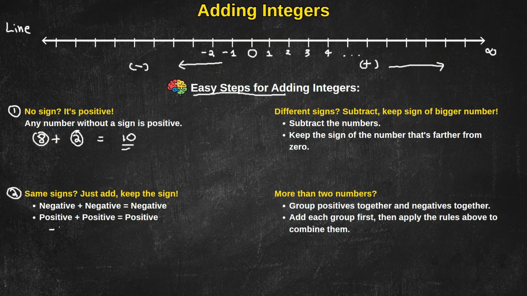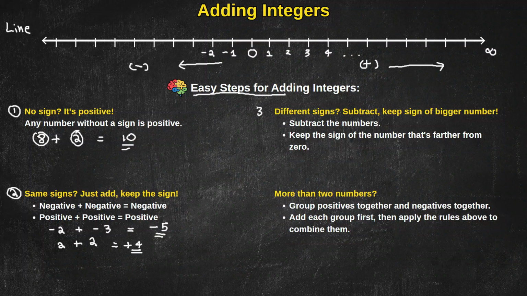So if you're adding a negative number plus another negative number, we keep the sign, which is negative, and we simply add. 3 plus 2 is 5, and we have our answer as negative 5. Here's another example. If you add positive 2 plus positive 2, keep the sign because the signs are the same, and you will have positive 4 as your final answer.